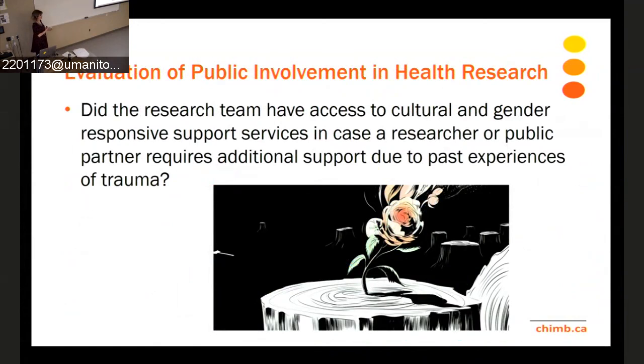And that means free services, free walk-ins within your community, toll-free lines, and different ones that are culturally responsive as well. So having that list already on hand and making sure that no one ever leaves an engagement without having that resource.